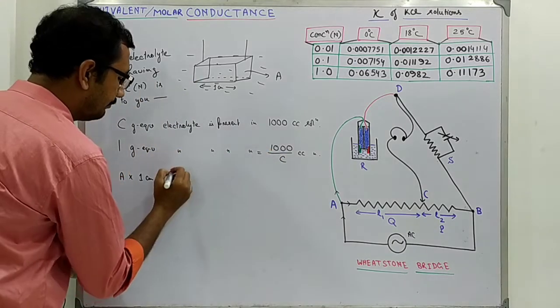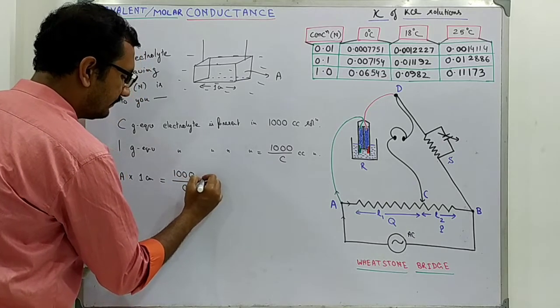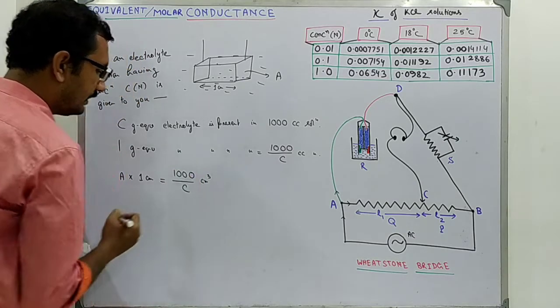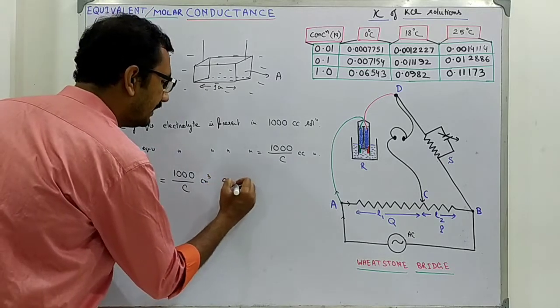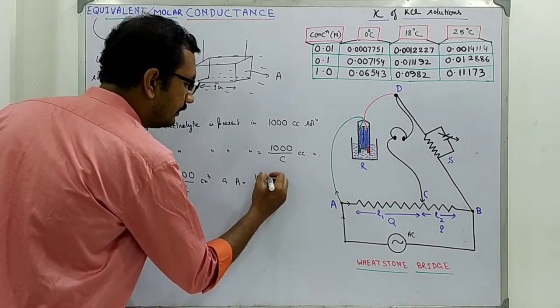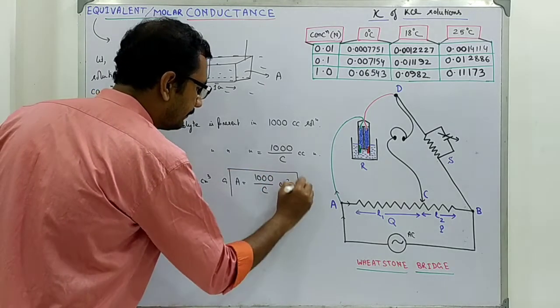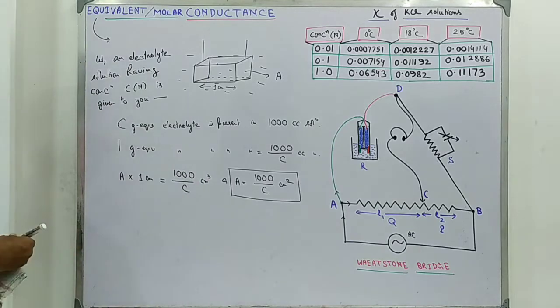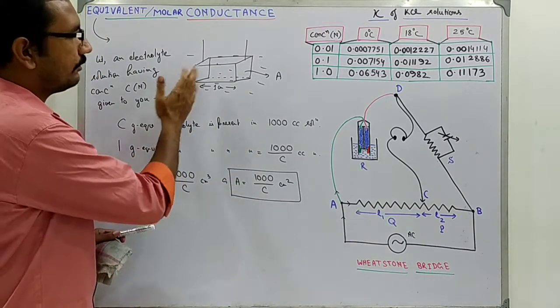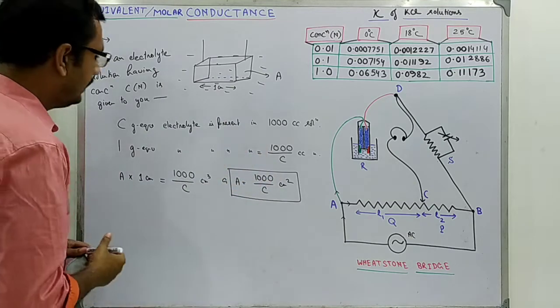This volume must be 1000 by C cc, where cc means centimeter cube. So, what will be the value of A? The surface area of the electrodes must be 1000 by C centimeter square.